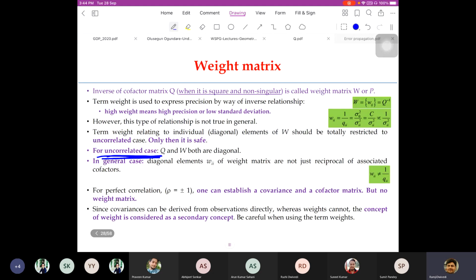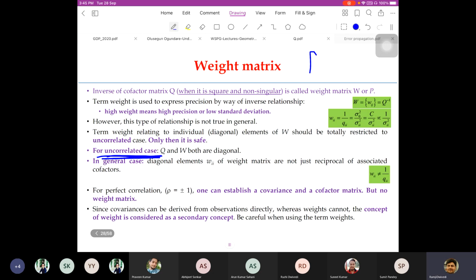That means our understanding towards developing this cofactor weight matrix is true for the case of uncorrelated.